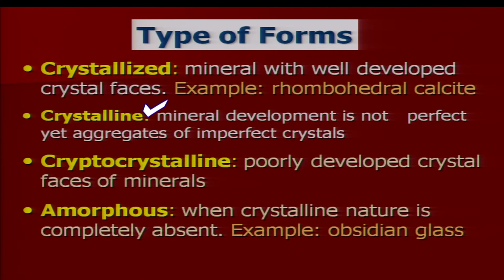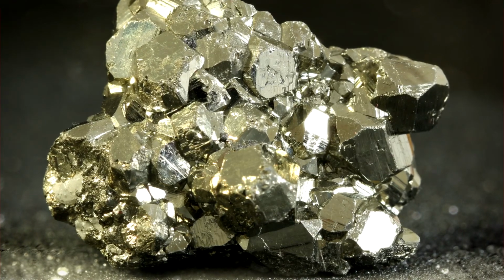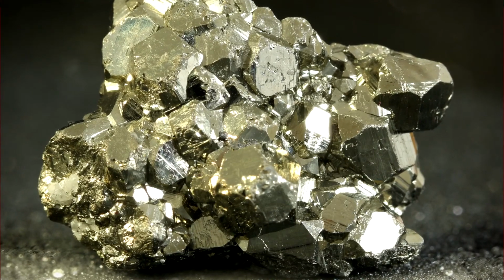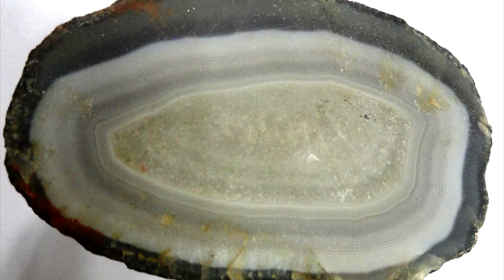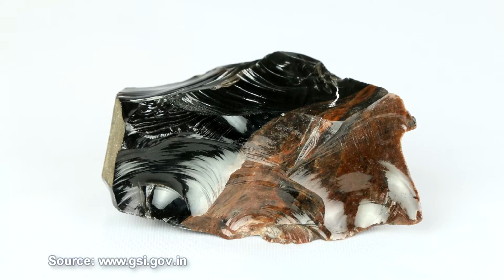In a crystalline mineral, development is not perfect, the mineral aggregate is imperfect, partly developed, partly non-developed. In cryptocrystalline minerals, poorly developed crystal faces are present. And lastly, amorphous, when crystalline nature is completely absent, that is the disordered structure.